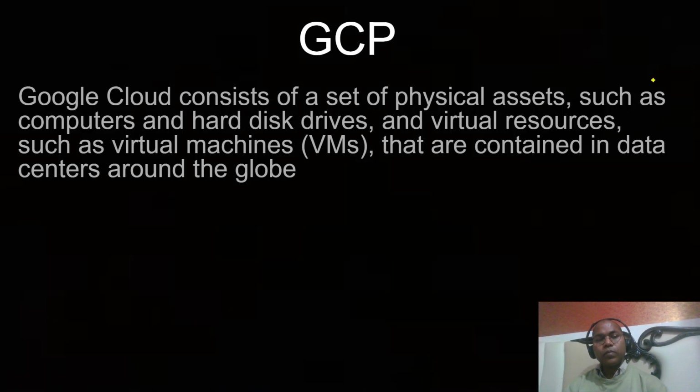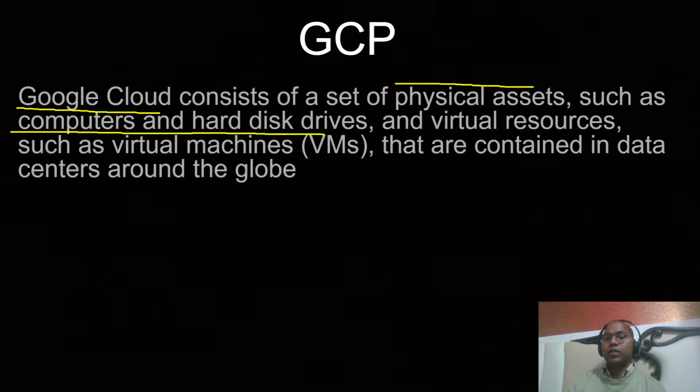If you talk about the cloud, GCP provides computing services. So how does GCP offer these cloud computing services? GCP consists of a set of physical assets, maybe computers, hard disks and drives, and virtual resources such as virtual machines.